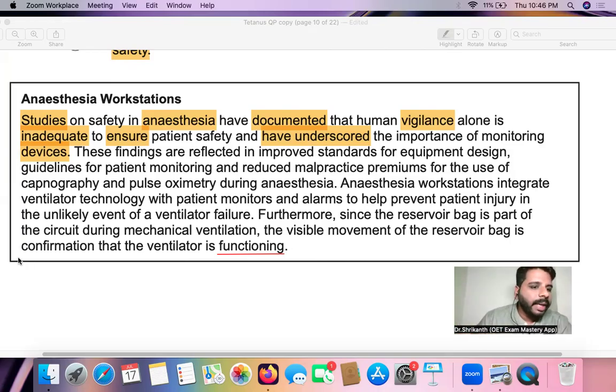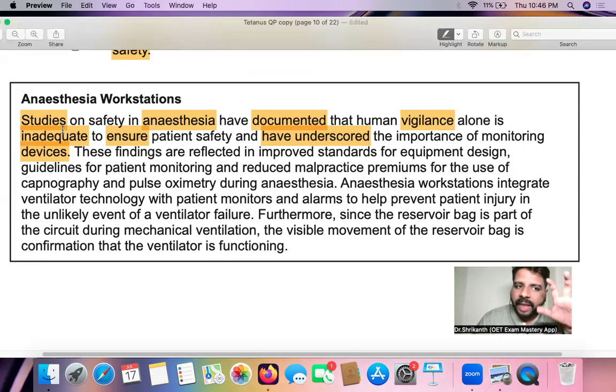Now I want you to make the connection over here. What is the first sentence telling? Many studies, much research on safety in anesthesia have documented that human vigilance, that is, if only human beings are vigilant, then that is inadequate. Inadequate means insufficient. It is insufficient to ensure patient safety. And have underscored means it has become necessary.